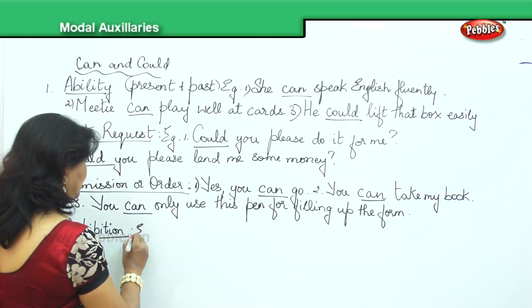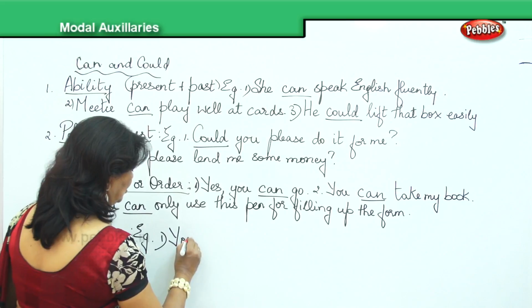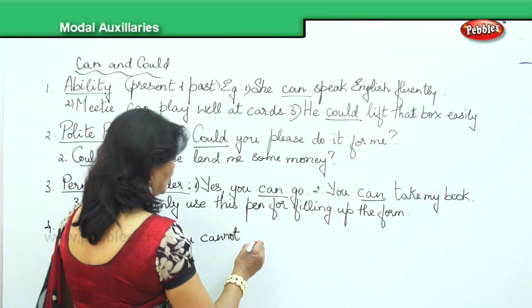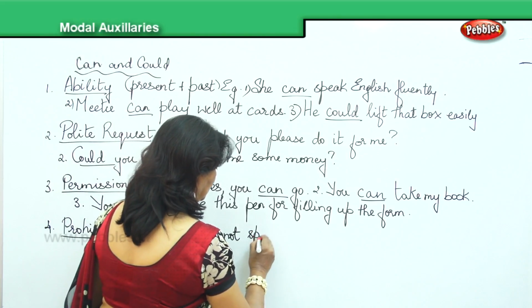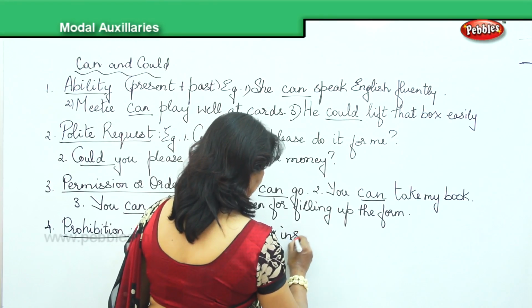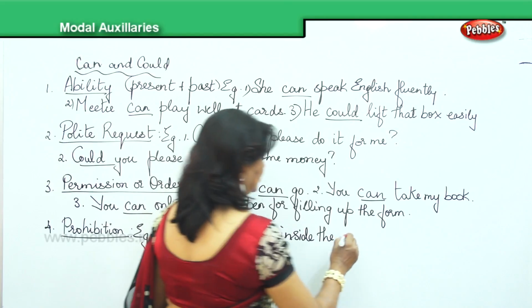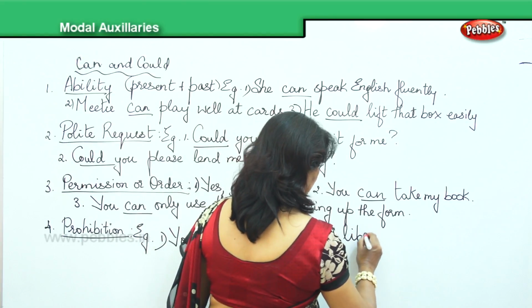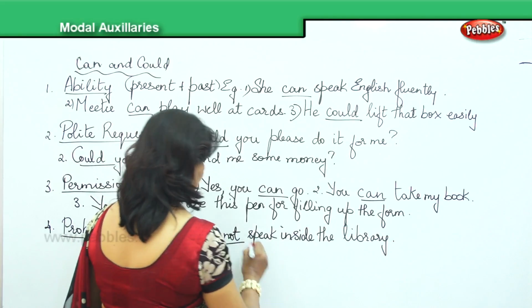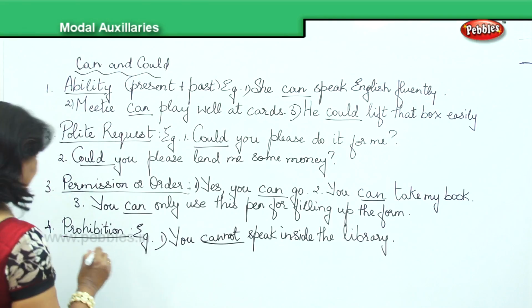For example, you cannot speak inside the library. Always prohibition comes with a not. Can plus not.